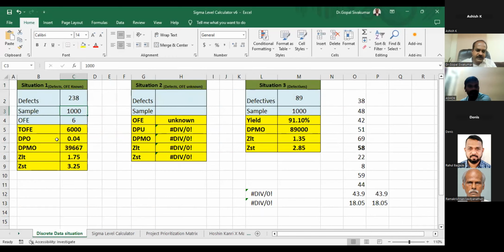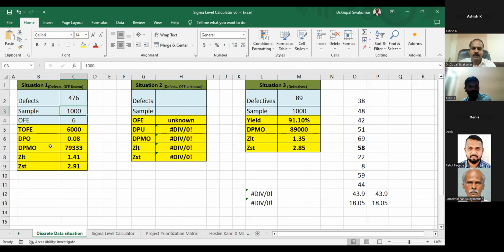Suppose if they ask DPMO, will you be able to calculate for the same scenario? 39,667. 238 divided by 6 by 6,000. It is straight away available, 39,667. Suppose if they change the question, this is not 238, this is 476, then you also change the number here.